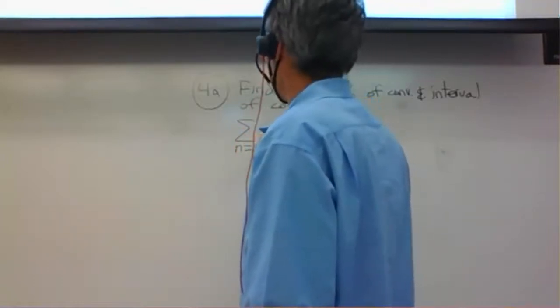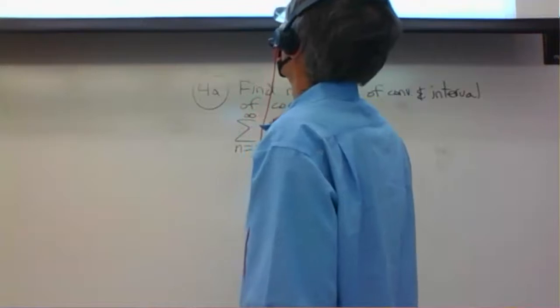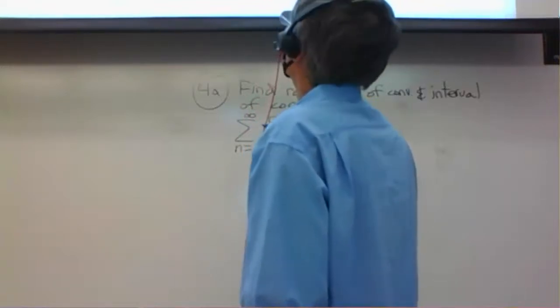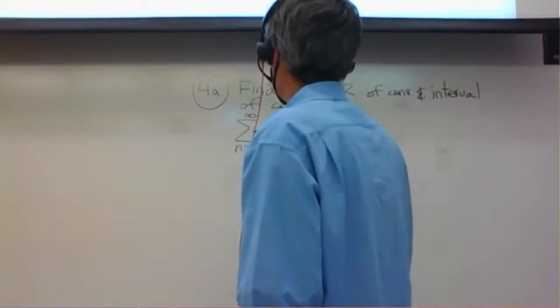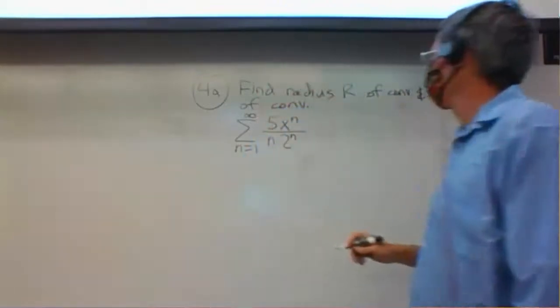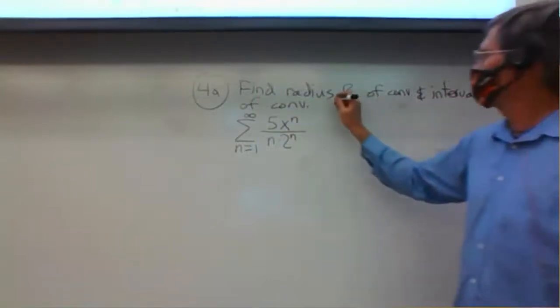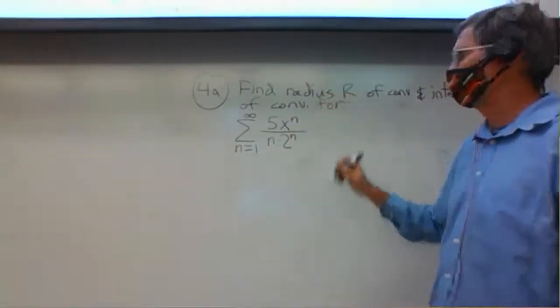That should be n equals 1 to infinity of 5 times x to the n over n times 2 to the n. How about that one? What's the radius of convergence and the interval of convergence for this series, without asking what is its sum?